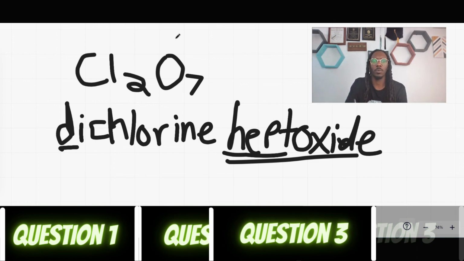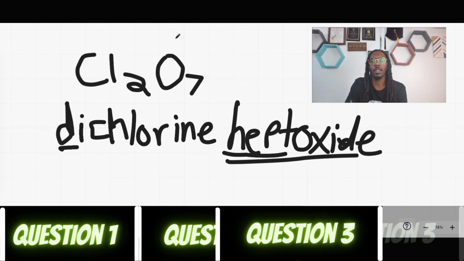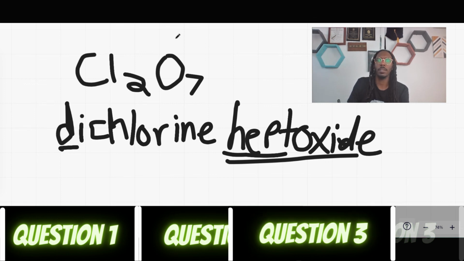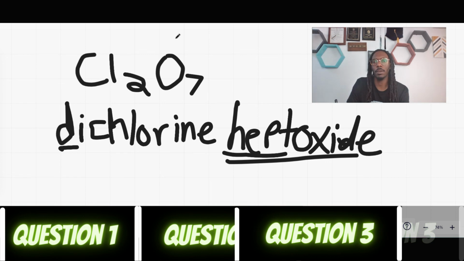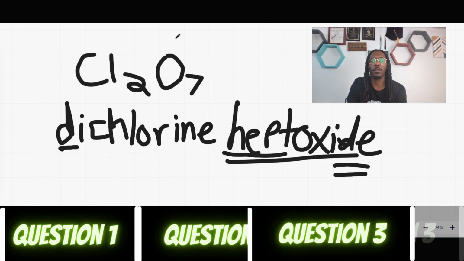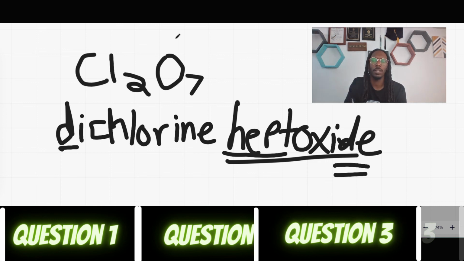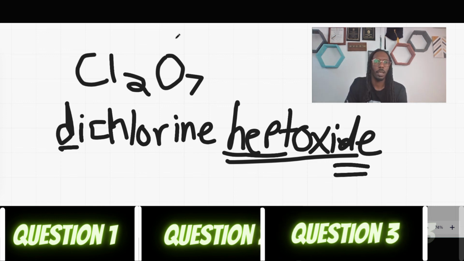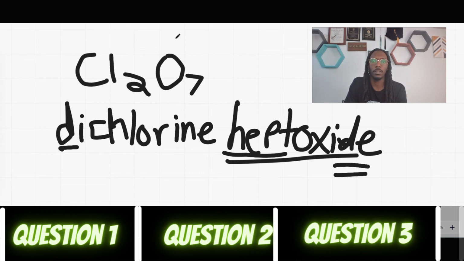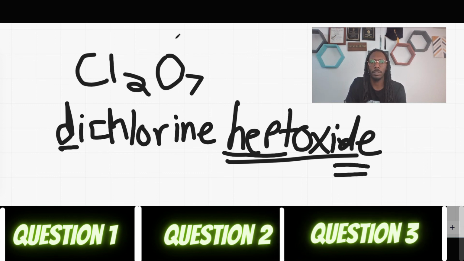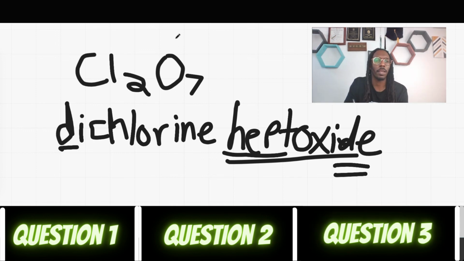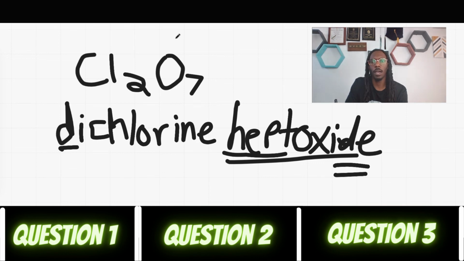We keep the first name the same, but the second element changes to -ide, very similar to ionic compounds. The only thing you really have to worry about is that we have prefixes here. If you didn't know 7 was hepta, you're going to have a hard time. So make sure you know your prefixes. This full compound name is dichlorine heptaoxide.